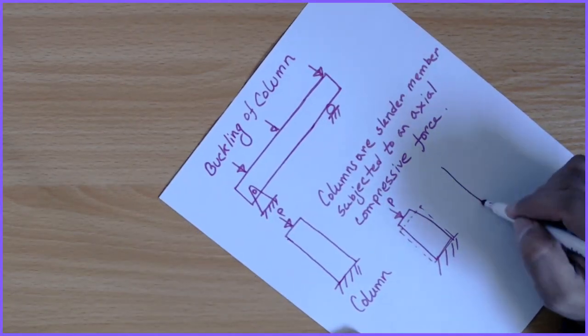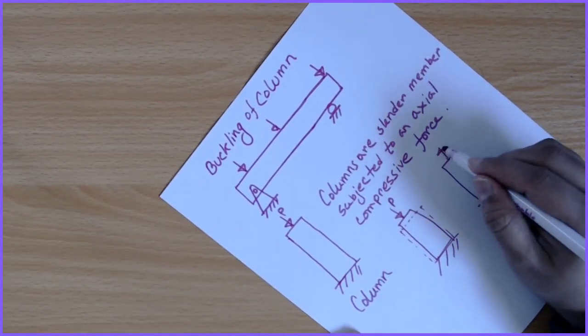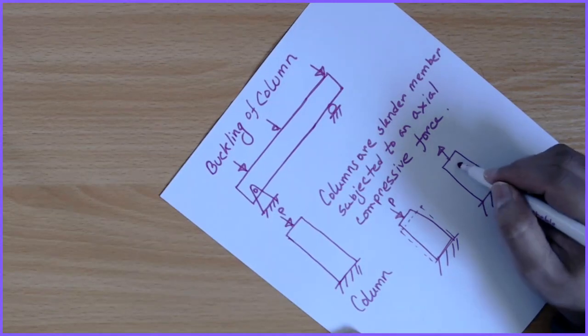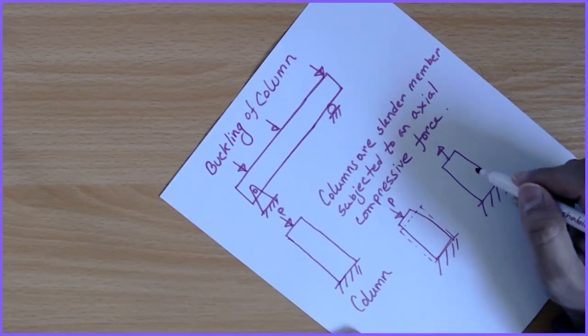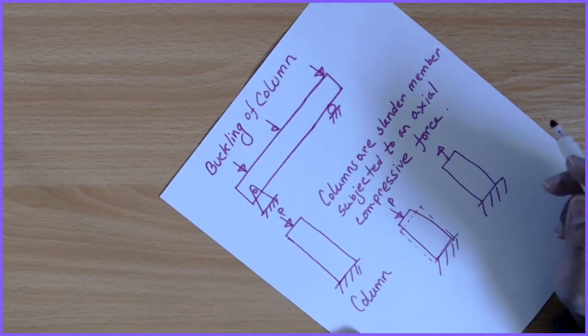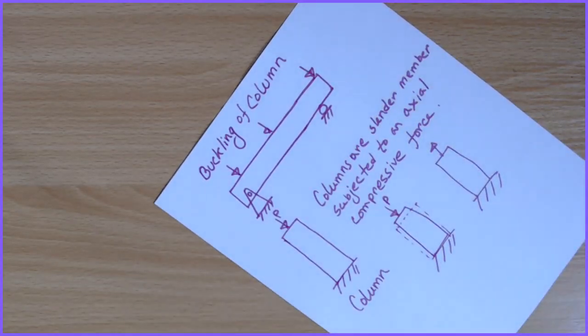Now this is not a column. If you pull this member, then this is not a column. So to be a column, the criterion it needs to meet is that the force should be compressive.